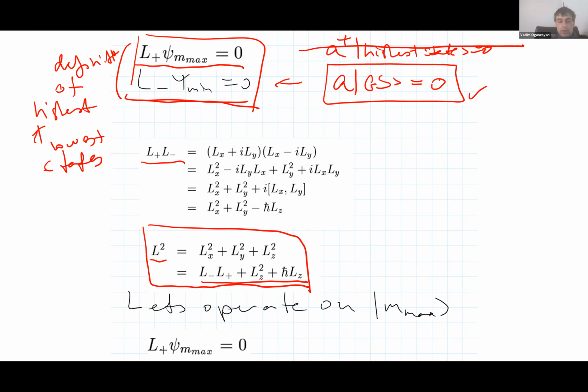Now we ask, what happens if you take that and operate it on the highest state or the lowest state? The thing we're trying to exploit is that L minus and L plus is very complicated generally, except when it operates on ψ max, the highest state, where it annihilates it and gives you 0.